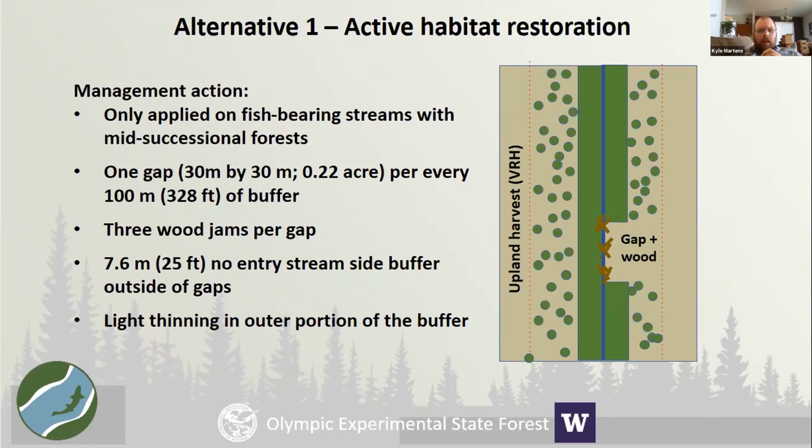We came to this number after discussions with scientists at OSU and the USGS. Within each gap, we're going to put 3 wood jams per gap. And then the remaining area next to the stream will have a 7.6 meter, 25-foot, no entry stream side buffer. And then we're also going to do light thinning on the outer portions of the buffer.